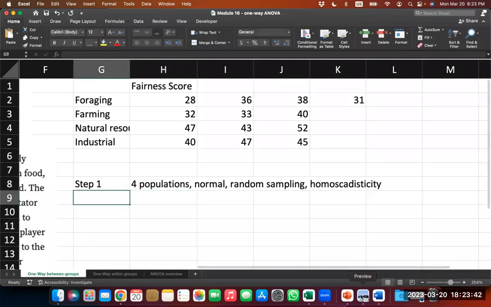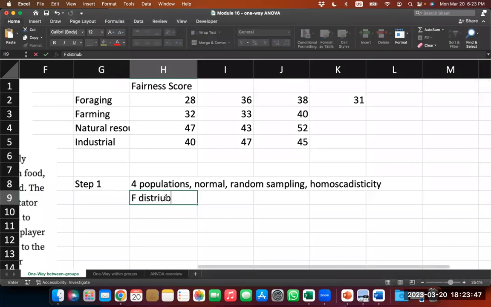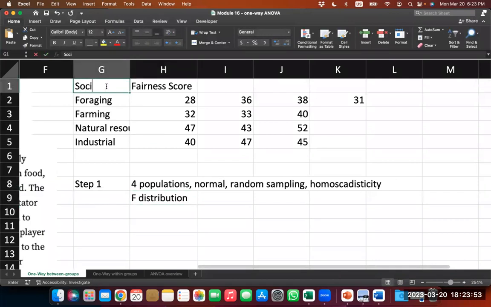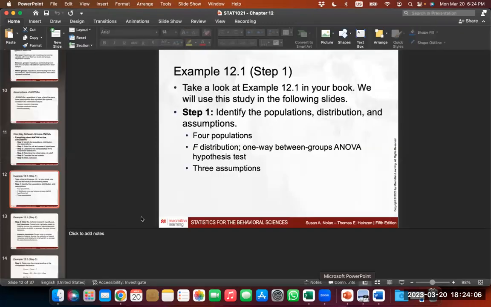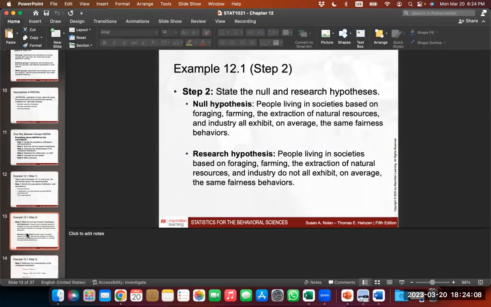Good. So now our comparison distribution here is the F distribution, as we know already, because the independent variable, society, is represented as four different levels. So in step two, we are phrasing our null and research hypothesis.